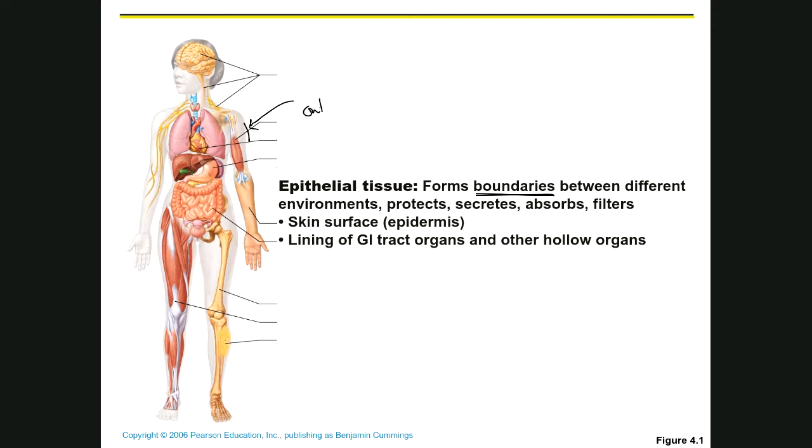But it's also inside here because that's a boundary. It's inside here. It's inside here. It's always on a surface. It's always on the top. And so it's always going to face a space. We're going to see that, and that's how we're going to find it.